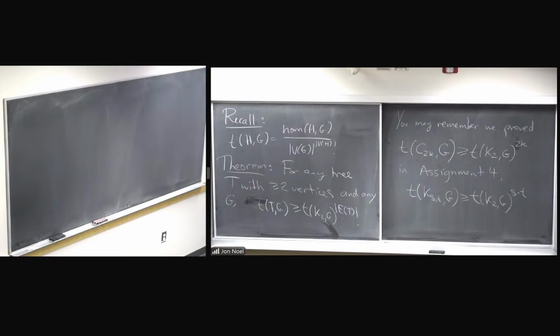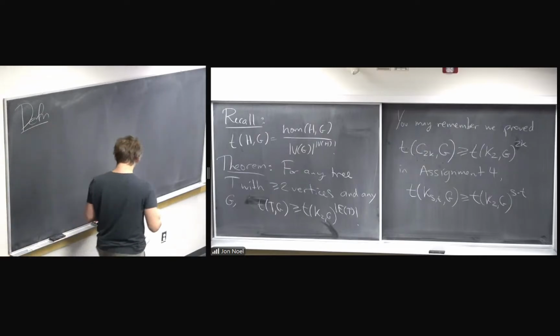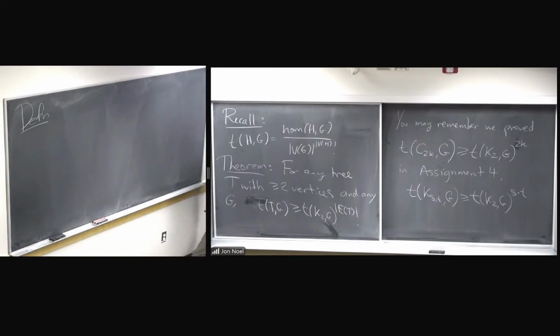For this, we're again going to use entropy, but we're going to need a property of entropy that we haven't used yet. Let me explain that now. This property is related to what happens when you have independent variables.